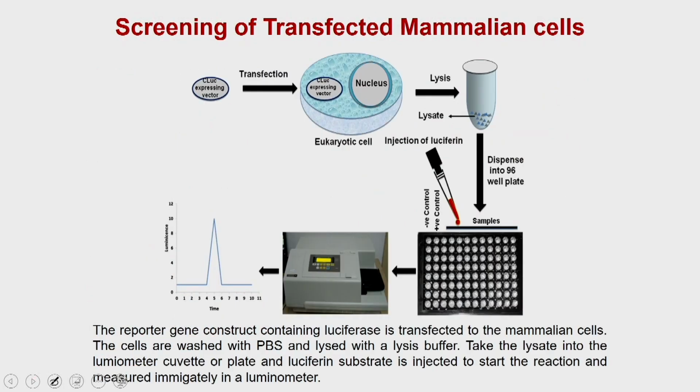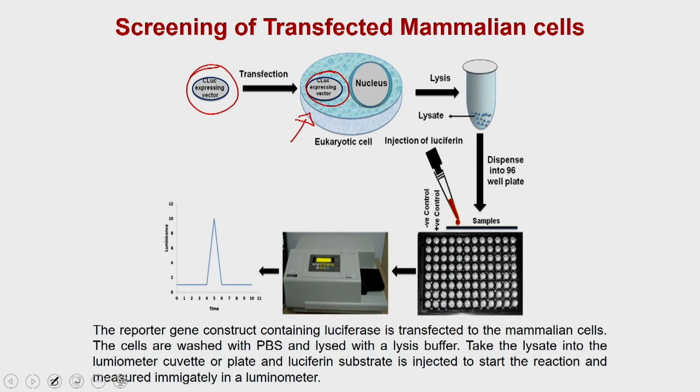These things are depicted here in a schematic diagram. You take the luciferase expressing vector, transfect it into the mammalian expression system, and it will express the luciferase. Once the stimulation is over, which means you can stimulate these cells, because the luciferase will be under the control of the eukaryotic promoter, the luciferase will be produced inside the cell according to the level of stimulation.